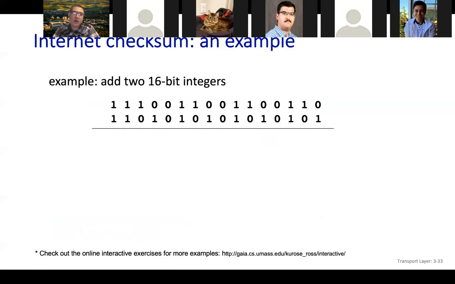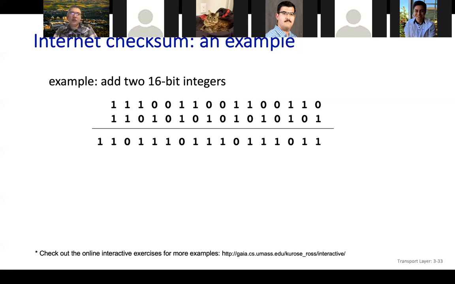So let's see how we calculate the checksum on the sender side. You need to put the checksum in the segment. How do you calculate the checksum? For example, we have 16-bit integers and we want to add them together.